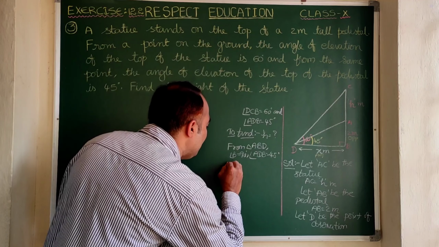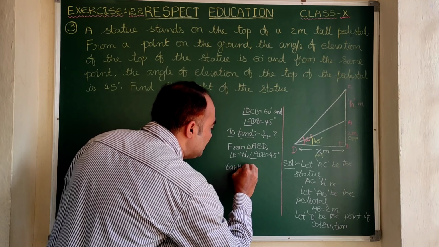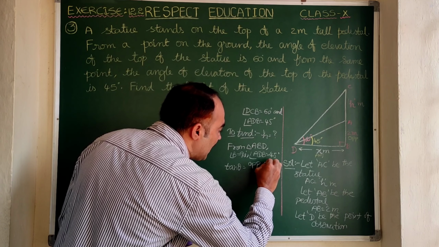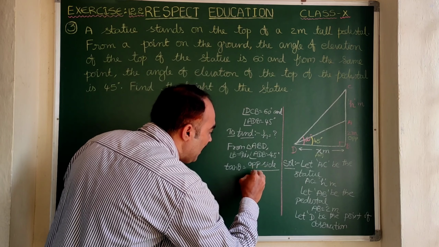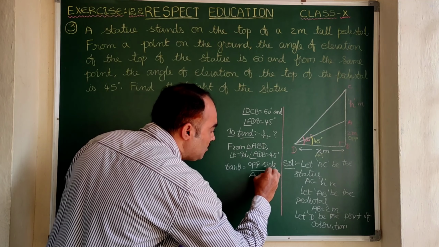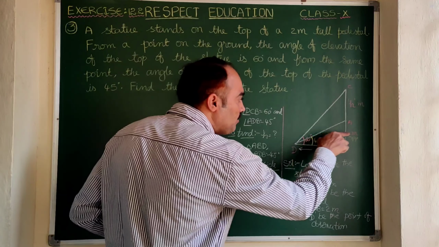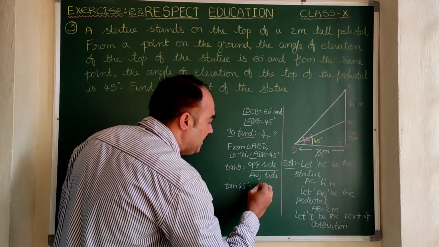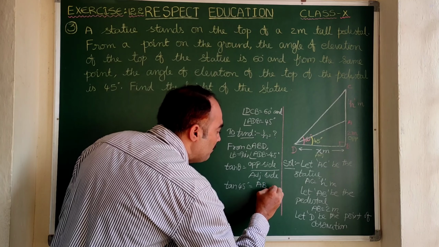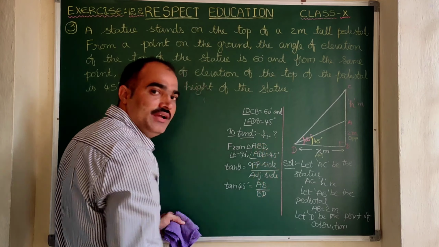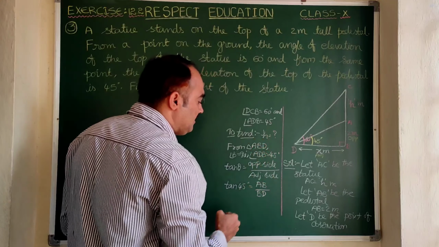So let us apply tan theta is equal to opposite side to theta by adjacent side to theta. In fact, here theta is 45 degrees. Let us write tan 45 degrees is equal to AB by BD. From the figure, let us write the values.